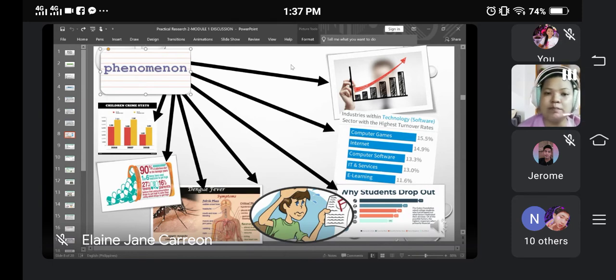So, the examples of phenomenon. Pwede nyo rin itong gawing quantitative research ng mga ibang industry.